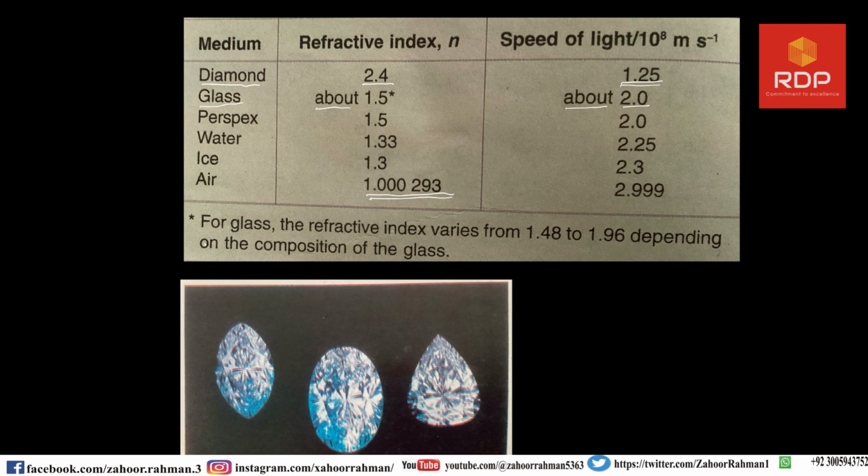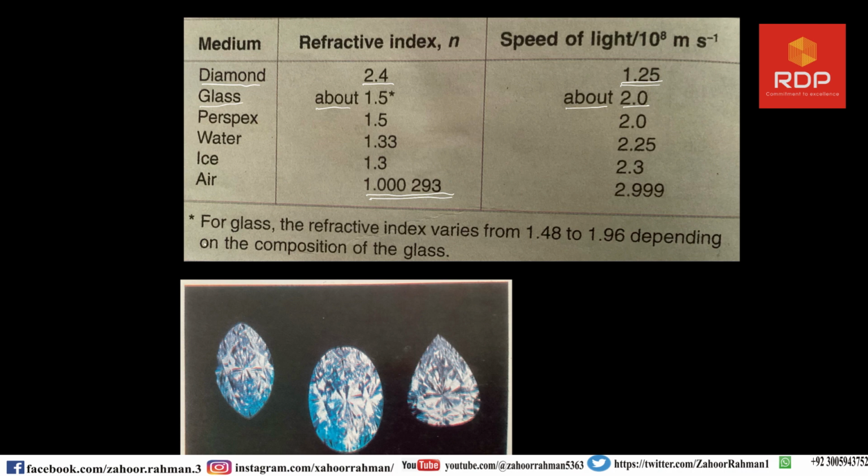Diamond has the greatest refractive index while air has the lowest refractive index. The table also shows the speed of light in each optical medium.